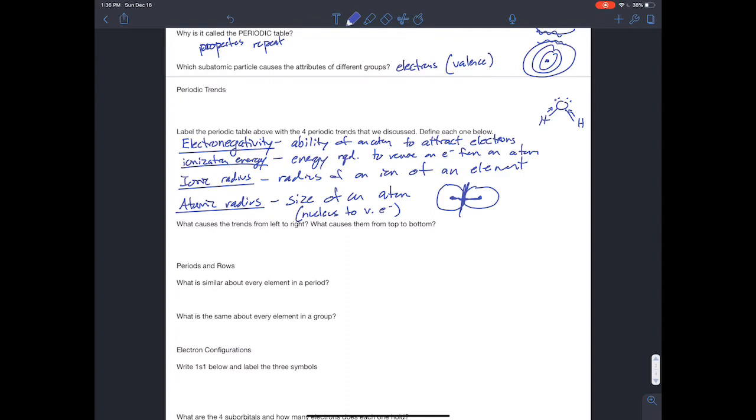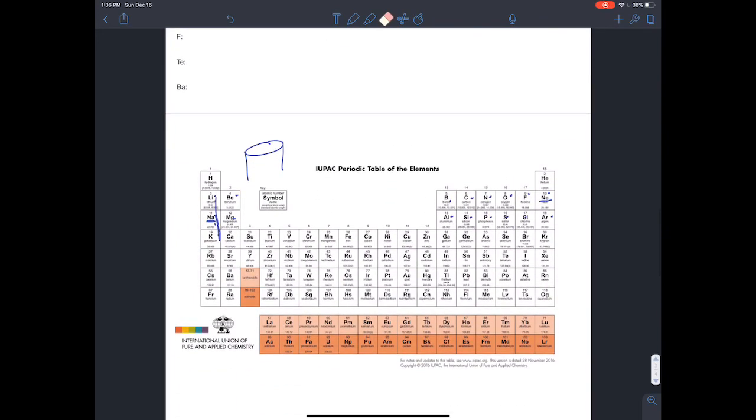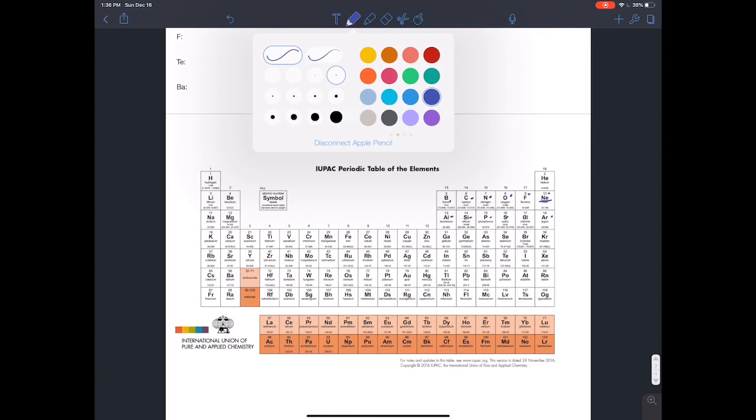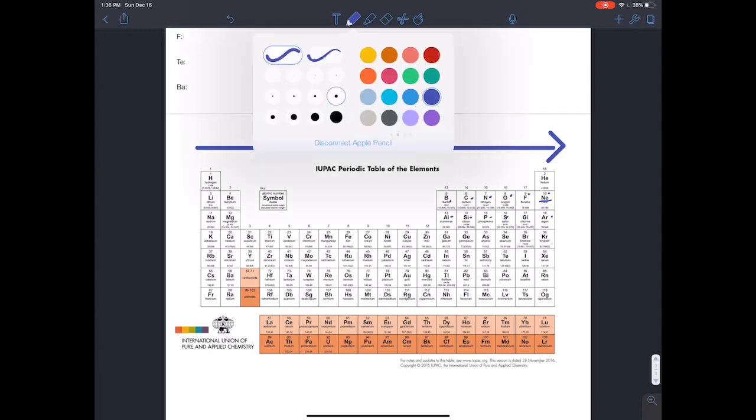Now before I go into the specific trends for each one, let's talk about what causes these trends. If we're looking at the periodic table, the first direction to look in is from left to right across the periodic table. What's happening as we go left to right?